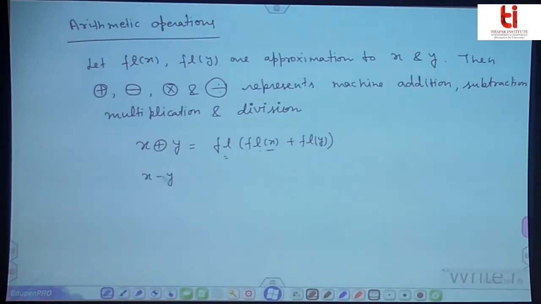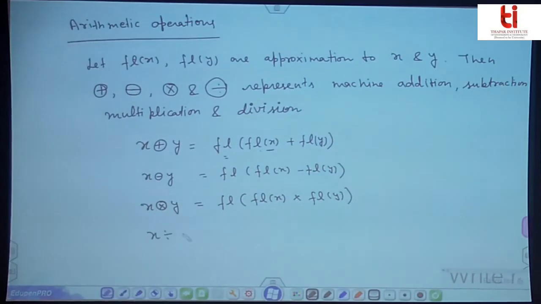Similarly, x minus y is floating of x minus floating of y. x multiplication y is floating of x into floating of y. x division y is equivalent to floating of x divided by floating of y, and then their approximation. Okay, let's do one example.